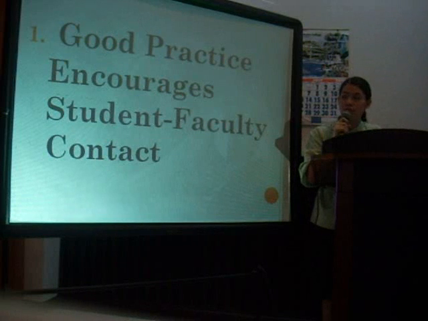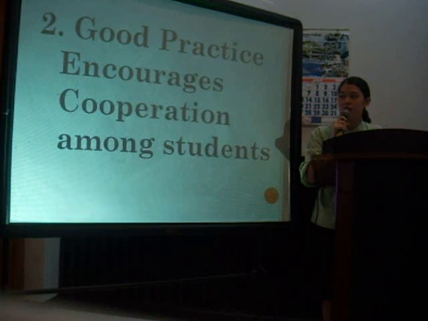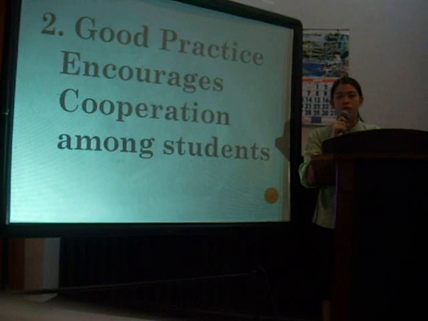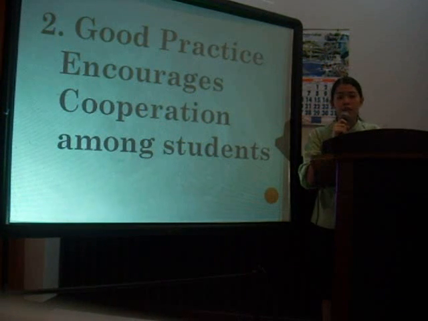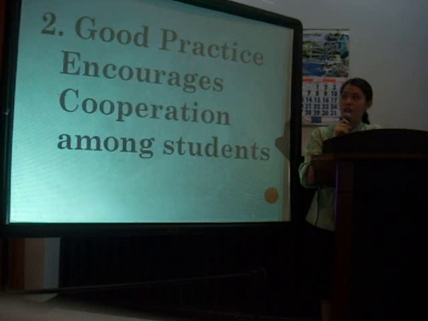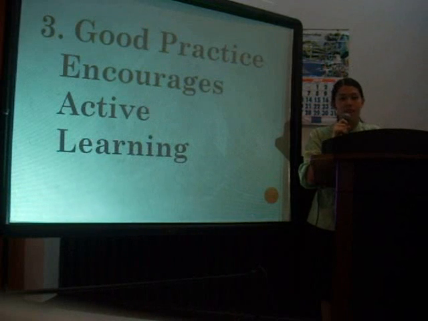For the next principle, good practice encourages cooperation among students. It is said that active learning can be promoted if there is collaboration among the students. This can be in the form of case studies, presentations by the students, defense of research titles, or problem-based learning. For the next principle, good practice encourages active learning.